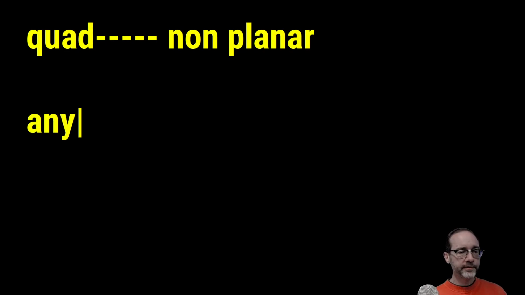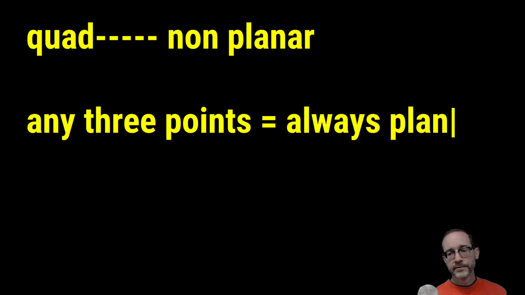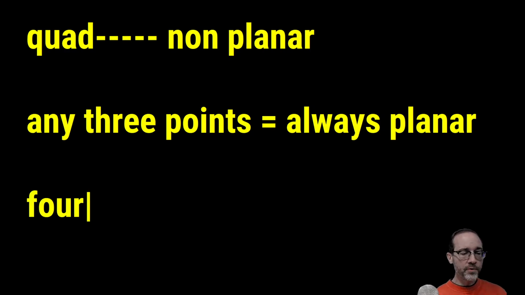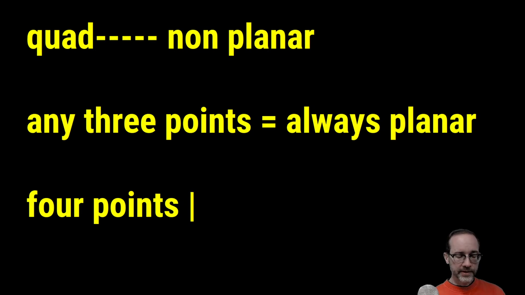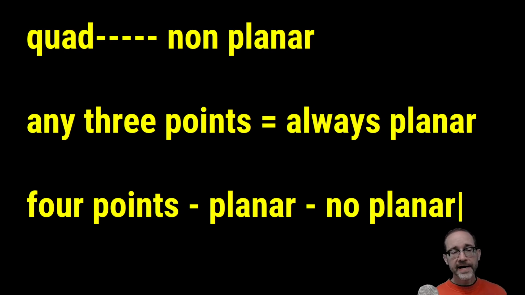Any three points, any tri, is always planar. You can't have three points in space that are not planar. They always define a perfectly flat plane. As soon as we get to four points, it can be either planar or the opposite, non-planar, meaning that we cannot pass a perfectly flat plane through the quad.